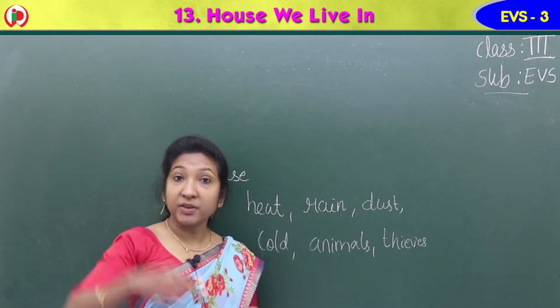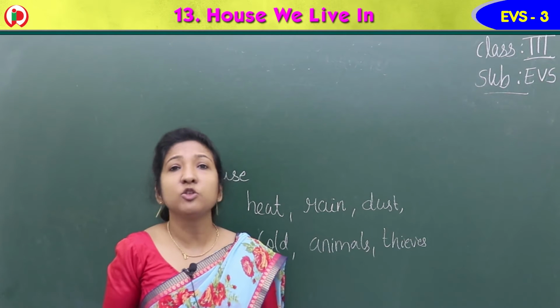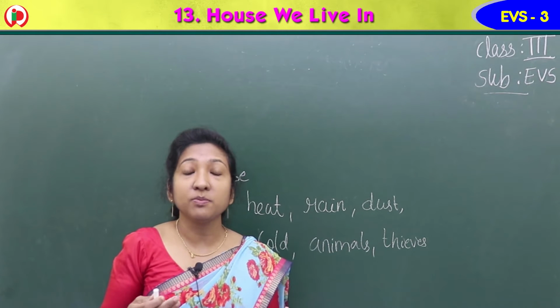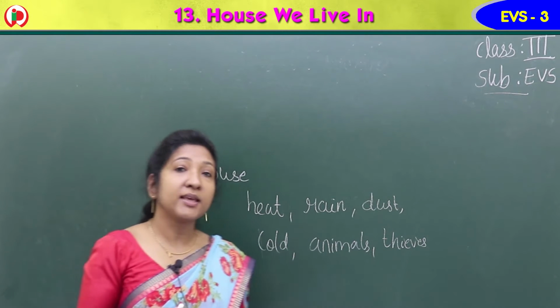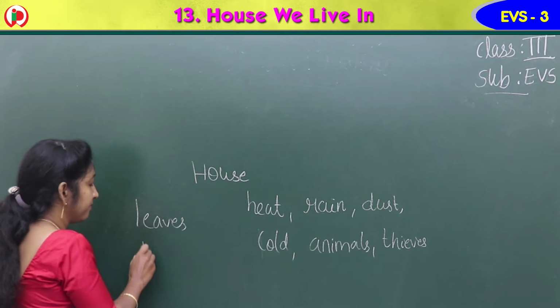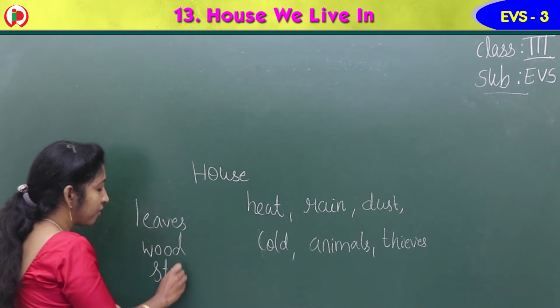You know, children, in olden times, people didn't know how to build a house. They used to make houses using leaves, wood and straw. You know what straw is?